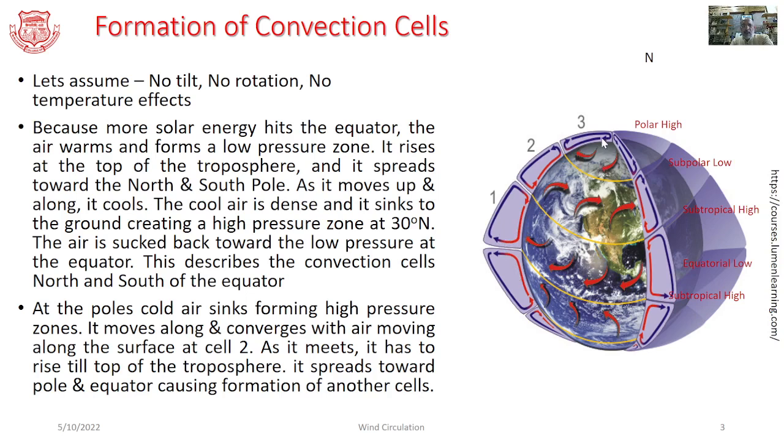As we consider the polar region, at the poles, the cold air sinks, forming a high pressure zone. It moves along and converges with the air moving along the surface at this cell 2.